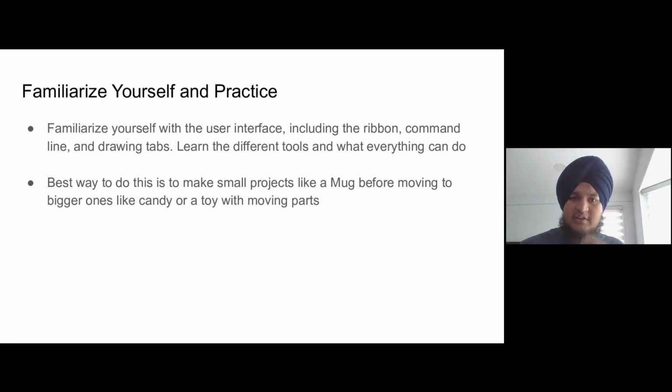The best way to practice these different tools and drawing tabs is to start making small projects. You can start by making a box and then putting a hole in the box via extrusion, or start making a mug and design the base of the mug, extrude it up, make a hole up here, and then add the handle and find out how to add all those to a curved surface. So doing these small projects is very beneficial.